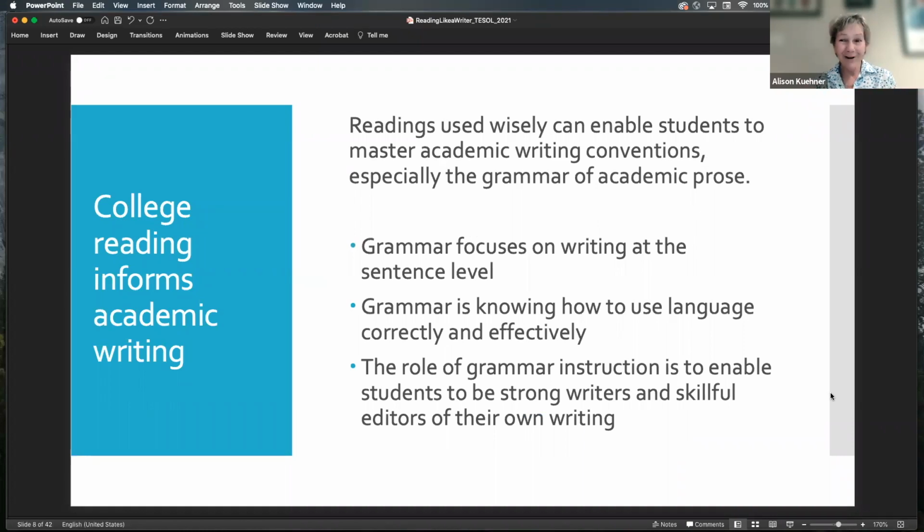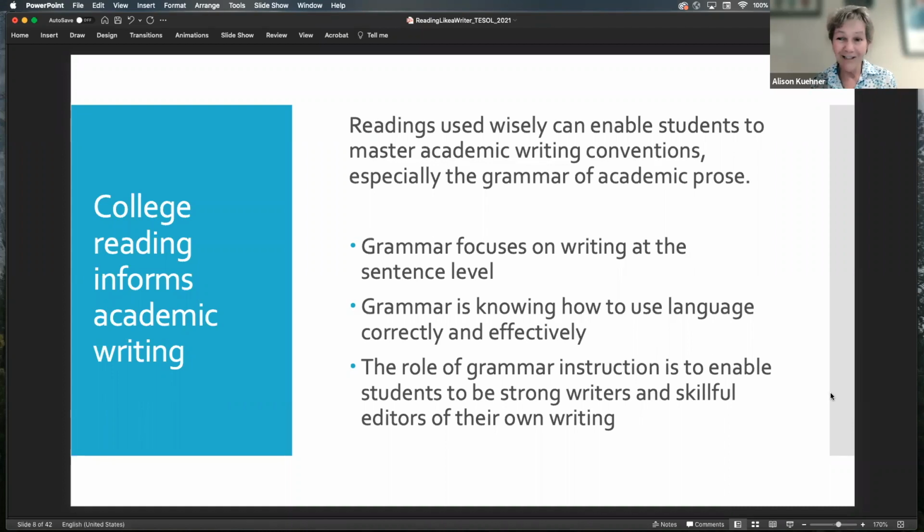Okay. Grammar is also in the title of this talk. So I want to take a moment to focus on what is meant by grammar, again, in the context of academic discourse. And we can use the readings to really help students understand what are the conventions, what's the grammar of academic prose. And when I mean grammar, I mean the writing at the sentence level. We're not talking about how do you organize a piece of writing, how do you support a thesis, but what's happening at the sentence level in writing.